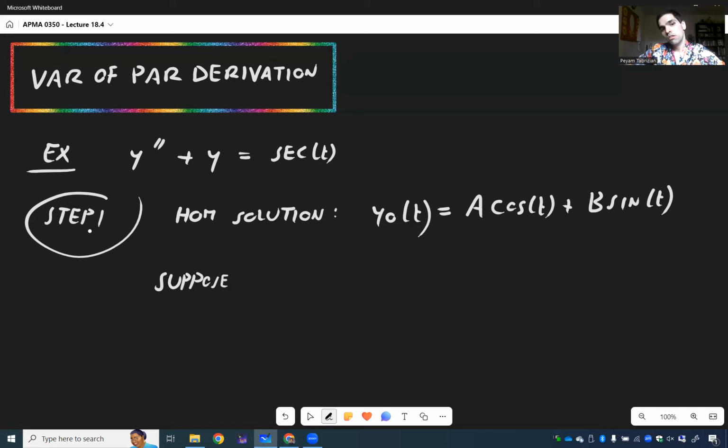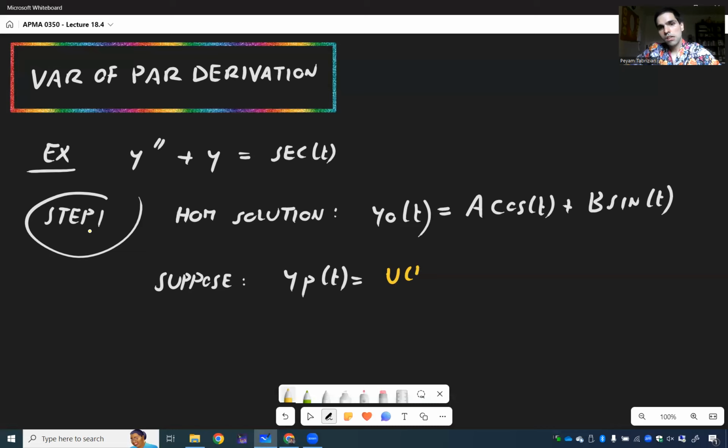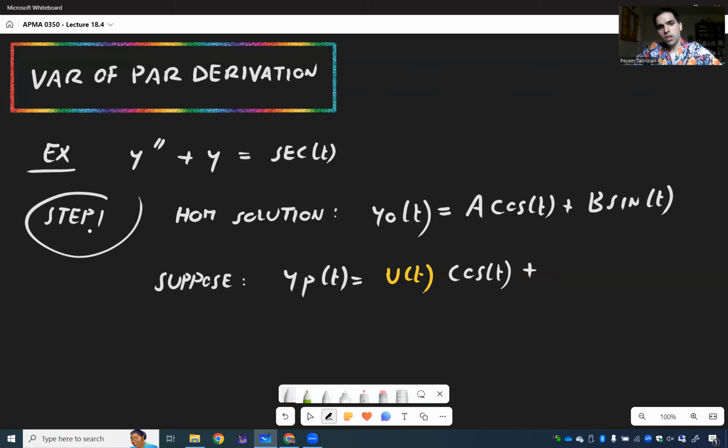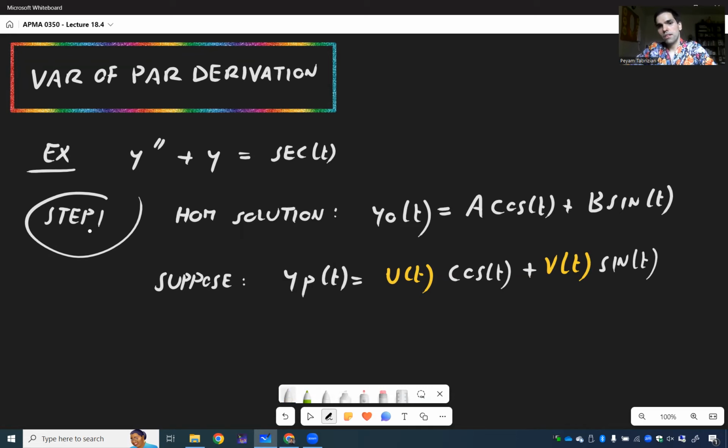So suppose, once again, y_p(t) is some function of t, u(t), times cosine of t, plus some other function v(t) times sine of t, where u and v are to be found.